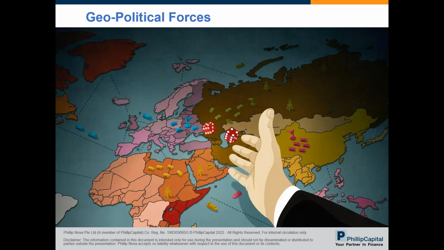Other types of forces that may cause the shifting of funds could be geopolitical forces. And lately, for the past 2 to 3 years, this is something that all of us probably hear of almost every day through the news, through different media. So first we have the Ukraine-Russia war. Then we often hear about the US-China conflicts, as well as the Taiwan-China conflicts.